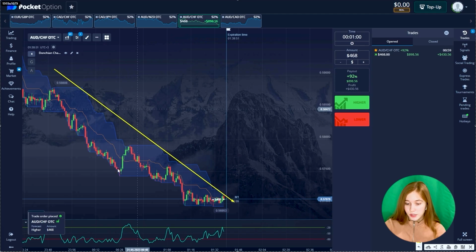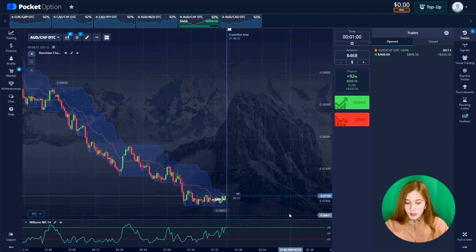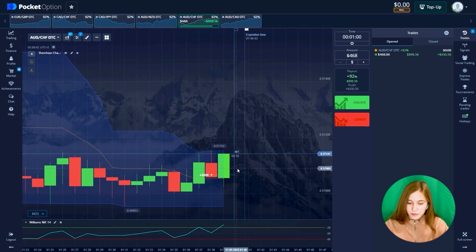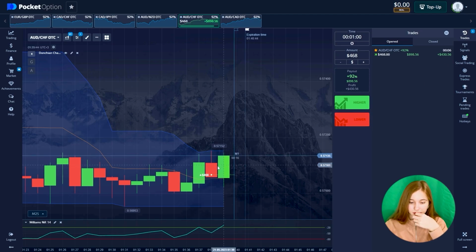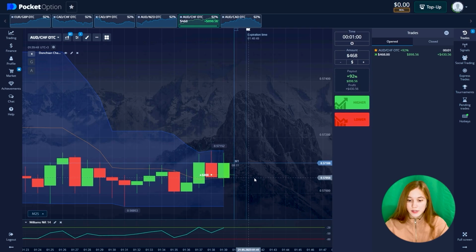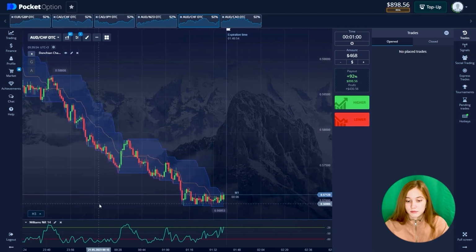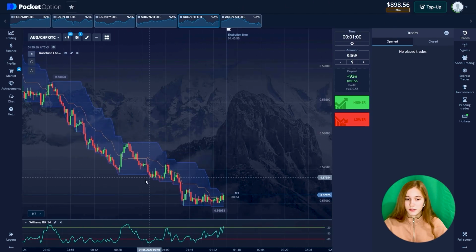But this indicator we see declining. Ten seconds left until the end of our deal. We see a reversal. Two seconds. Yeah, great. Our profit is $430. I think it's good. Very good.